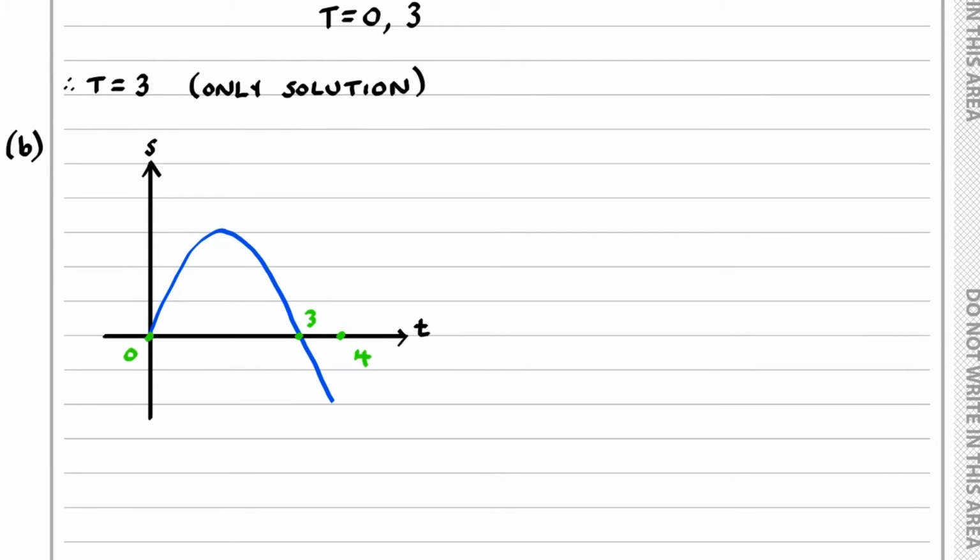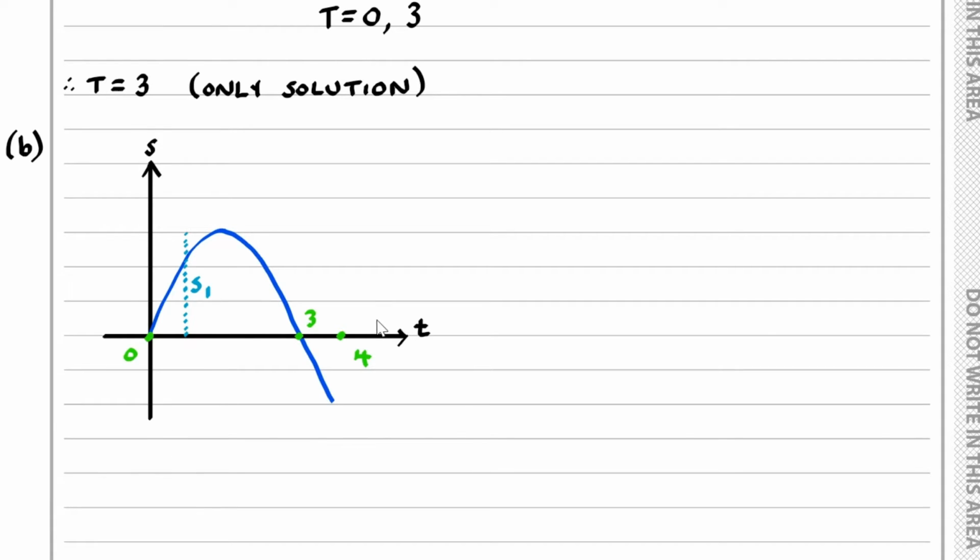So one way in which we can approach this is to find the distance going up. We'll call this distance S1, and this also will equal the distance going down. Of course, the displacement from 0 to 3 will be 0.